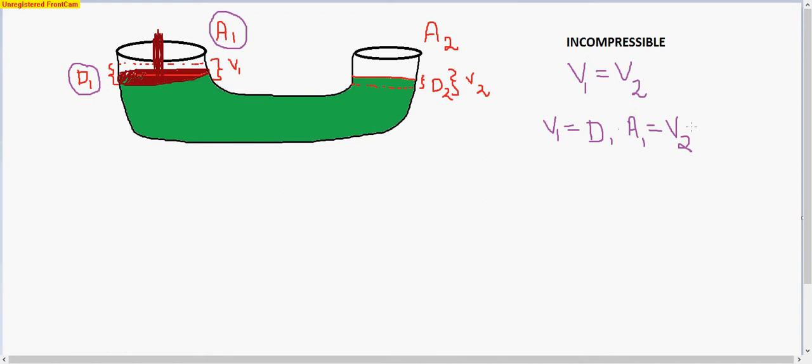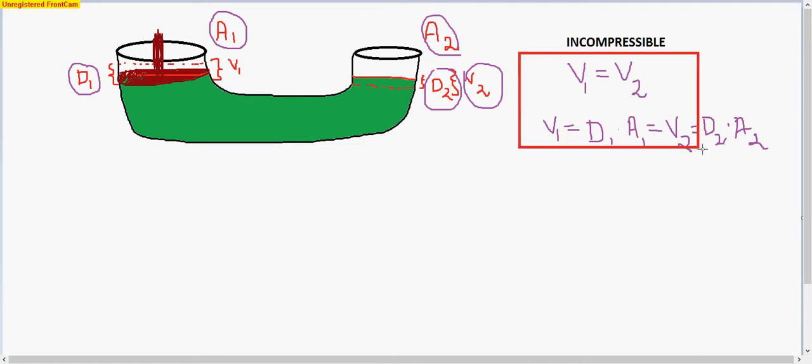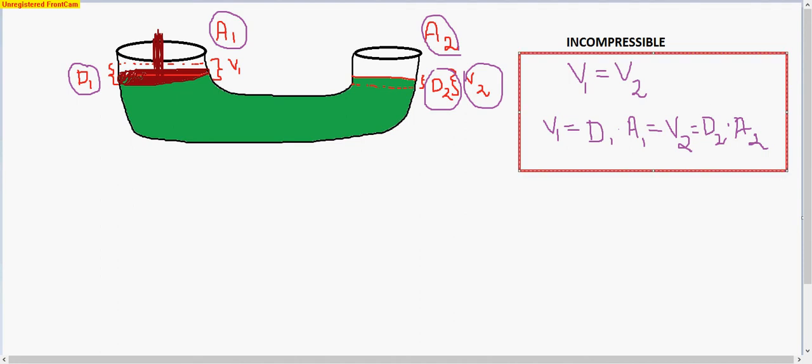And V2 is similarly base area into height, d2 into A2. Now we actually don't need this equation for some time, so we'll keep it in a box.